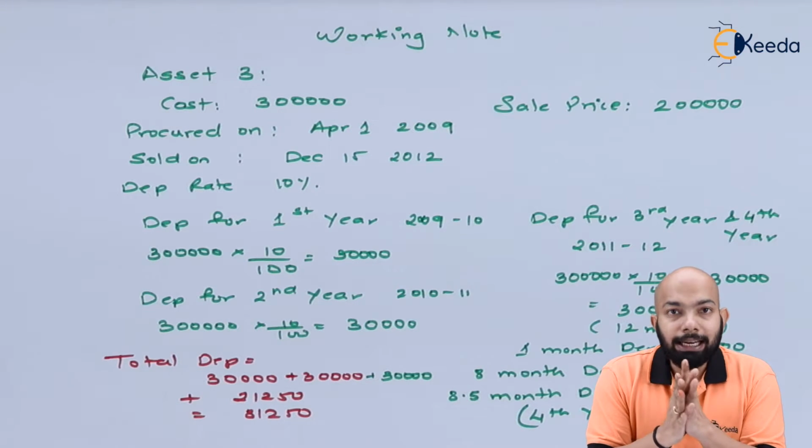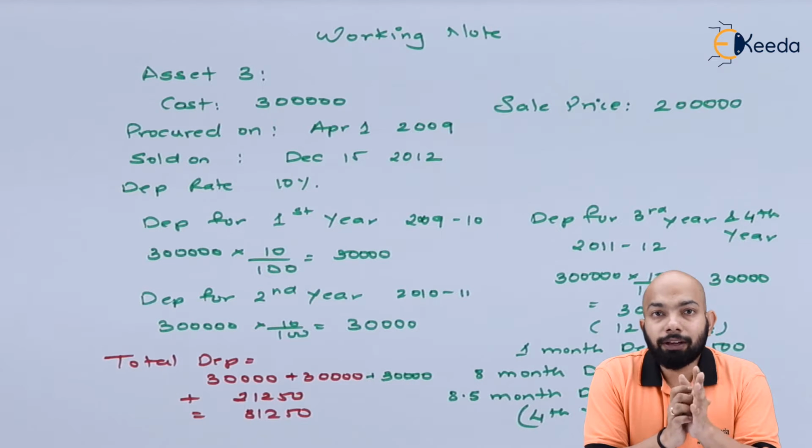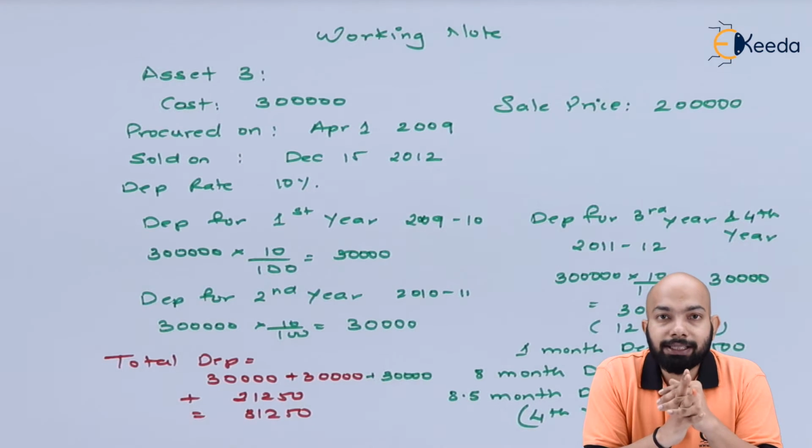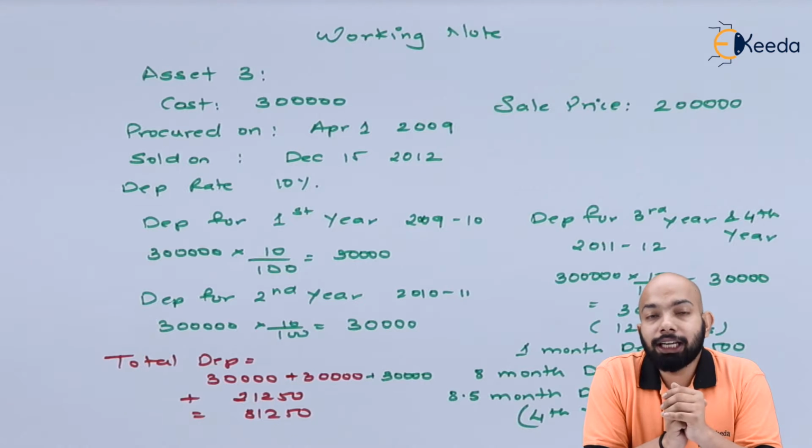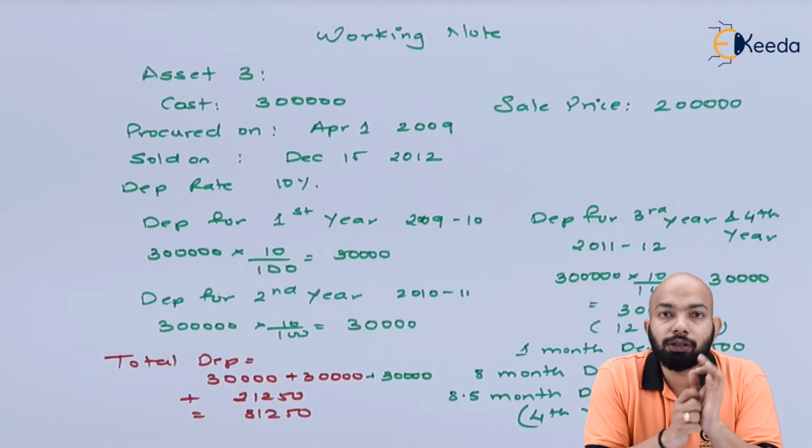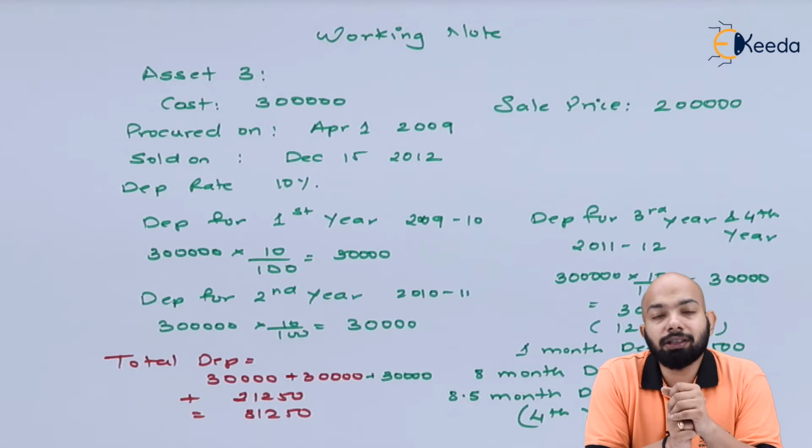So from April 2012 until 15th of December 2012, for 8.5 months we'll be calculating the depreciation.